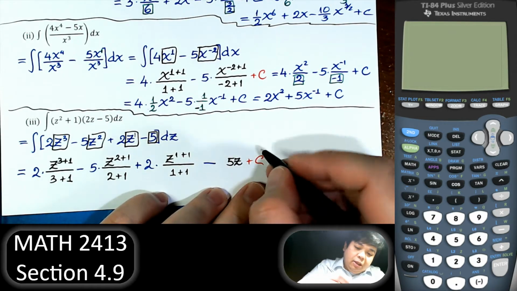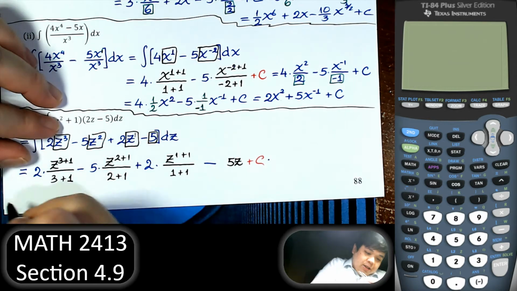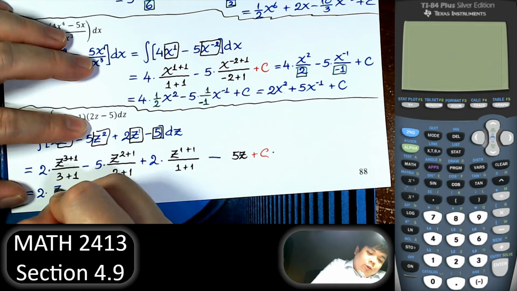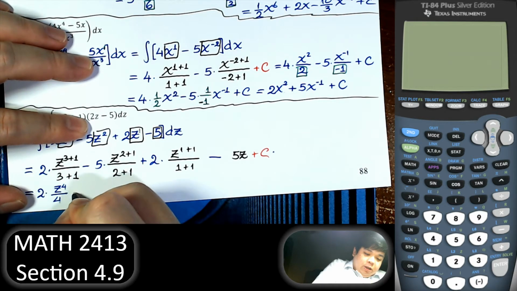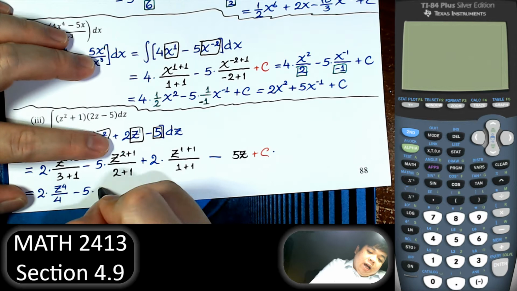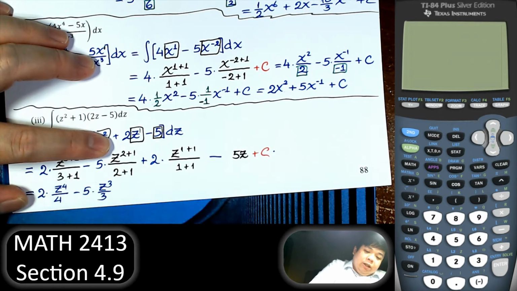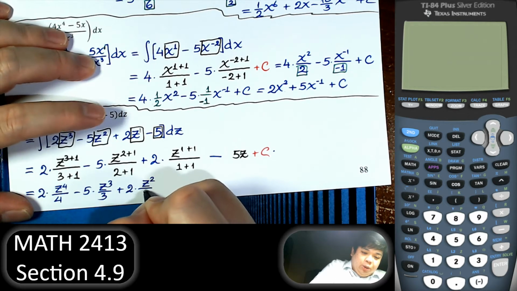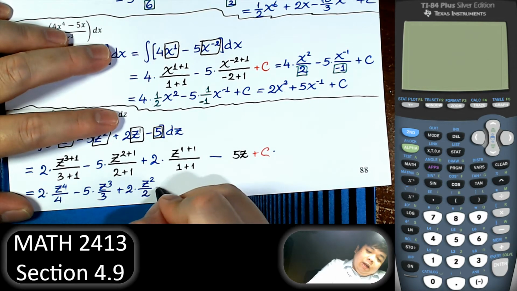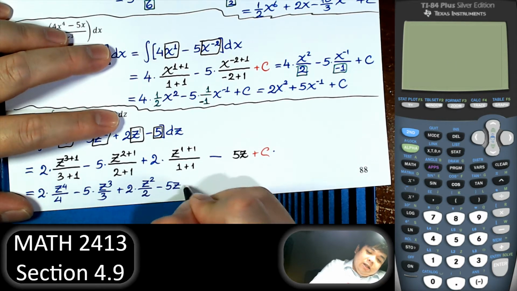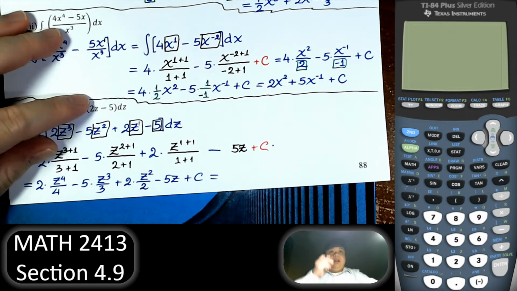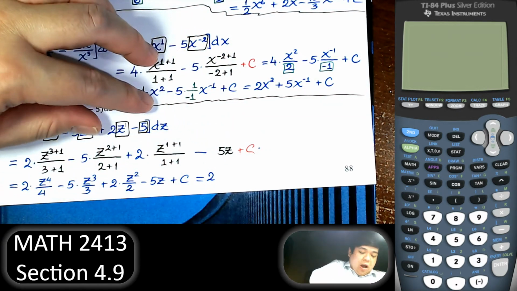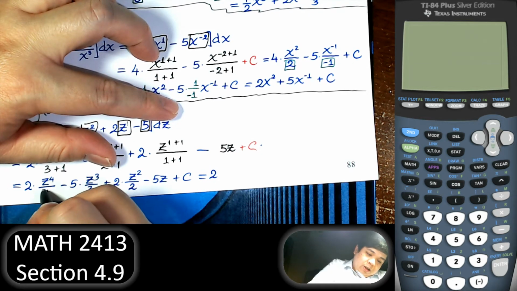Let's rewrite. 2 multiplied by z to the 4th over 4 minus 5 times z cubed over 3 plus 2 z squared over 2 minus 5z plus c. Now, divide is multiply by the reciprocal.